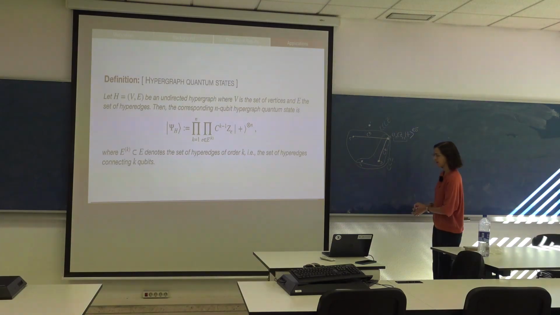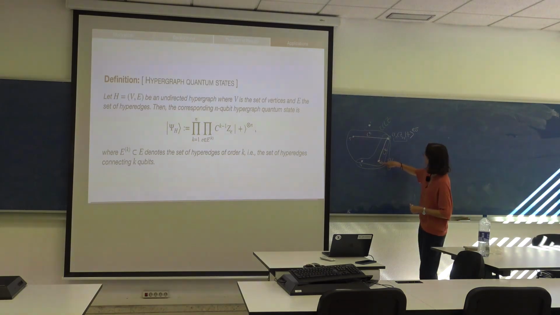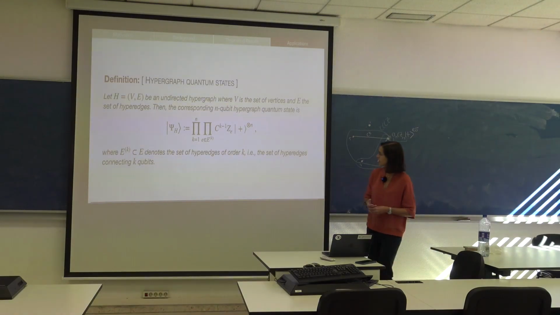And you can create this kind of graph or hypergraph state. If you only have edges connecting 2 qubits, you get a graph state. And if you have hyperedges that involve more than 2 qubits, then you have a hypergraph.